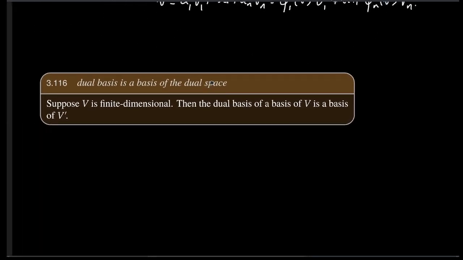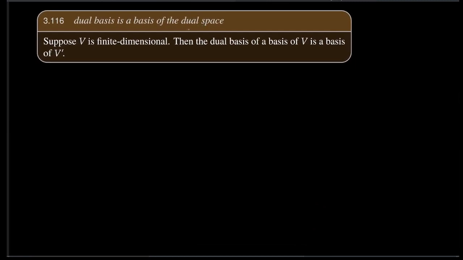But are they actually a basis as well? Yes. So if v is finite dimensional, then the dual basis of a basis of v is indeed a basis of the dual space. Pretty cool. Okay, so dualizing takes bases to bases. Ooh, that sounds nice. Okay, so let's prove this.